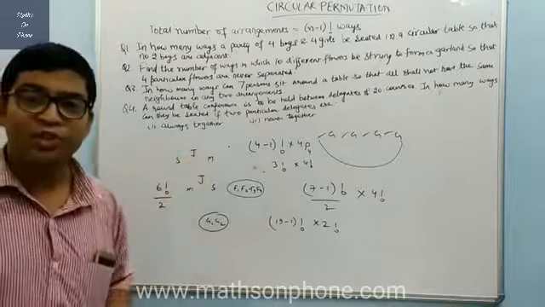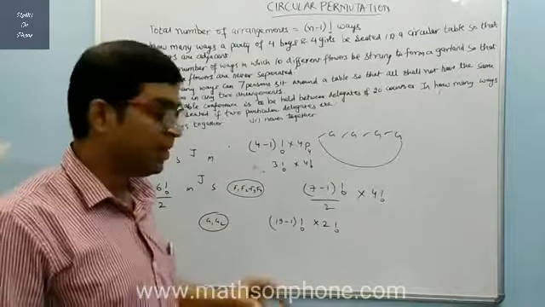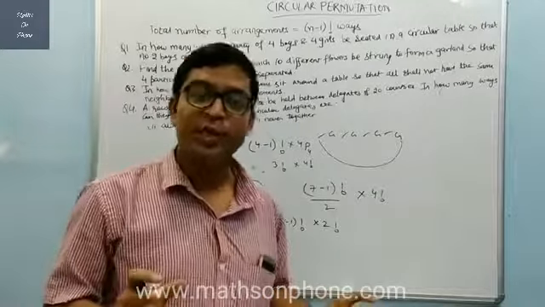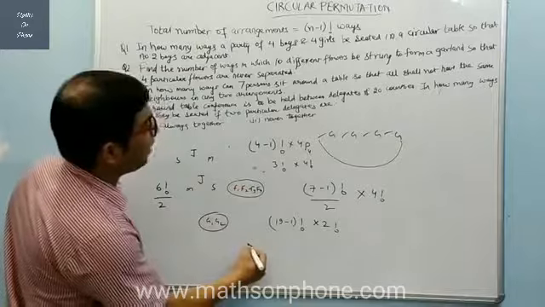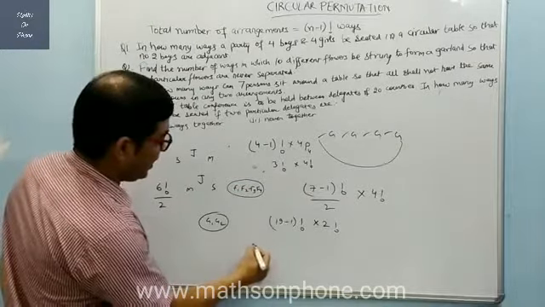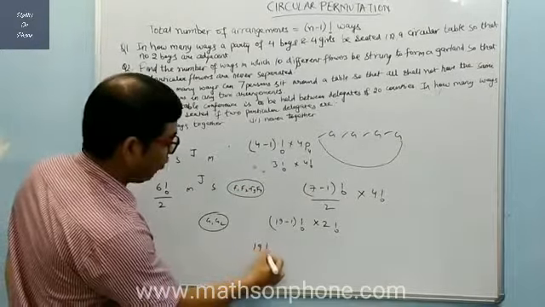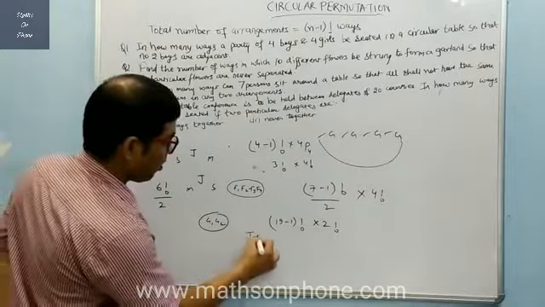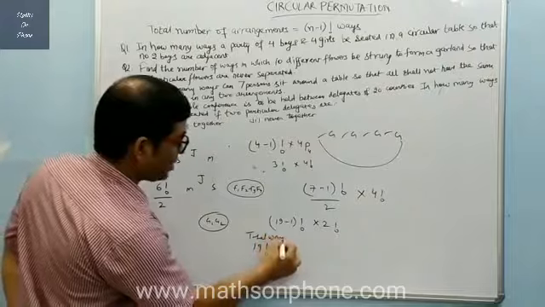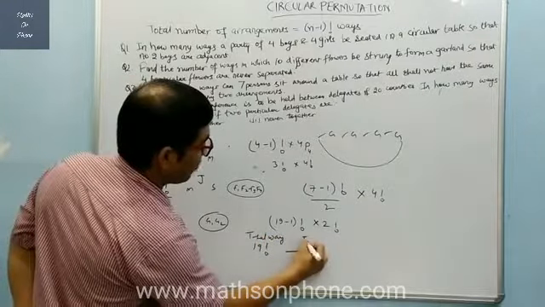If they are never together, as we have earlier discussed, never together means total ways minus together ways. Total ways of arranging 20 delegates is 19 factorial, 20 minus 1 factorial, that is total ways, minus together ways.